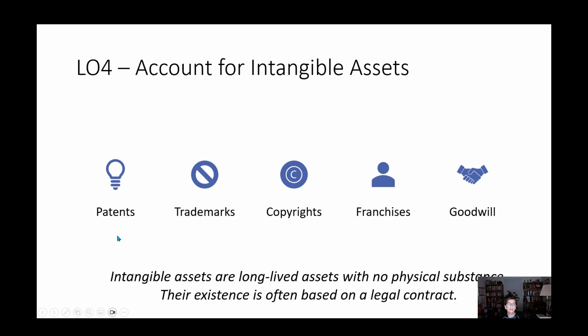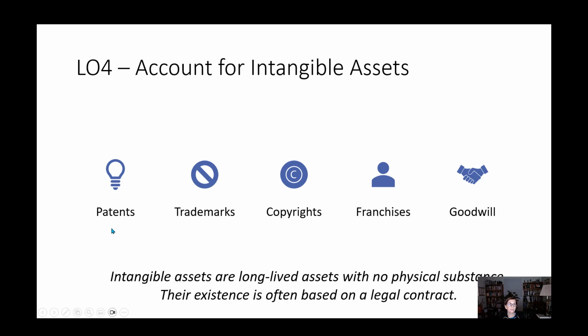Let's look at one finite versus infinite life asset. So a patent in the US protects the inventor of a product or idea for 20 years. Now, the patent might not be good for 20 years, so always make sure that when you're amortizing, which we'll look at in a minute, you amortize over the asset's useful life.